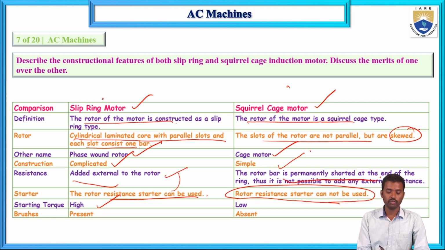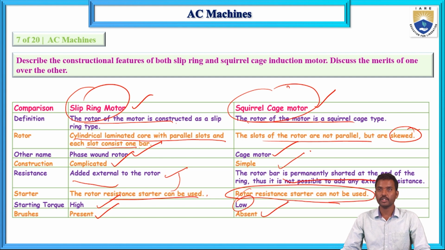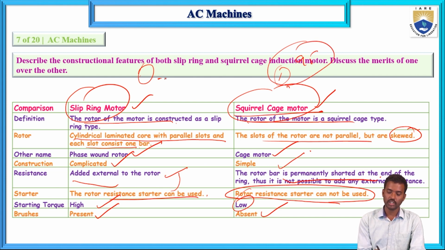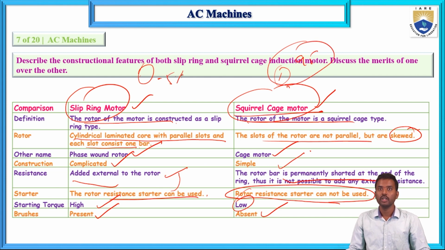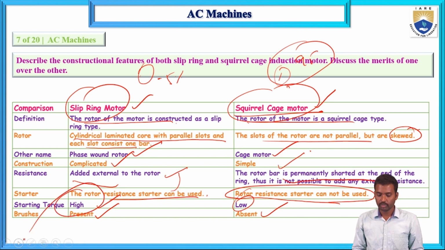For high starting torque we use the slip ring motor, and for low starting torque the cage motor. Brushes are present in the slip ring motor and absent in the cage motor. Slip ring efficiency is lower because of the resistance we introduce, with higher losses, while the cage motor has fewer losses and high efficiency. 95% of induction motors are squirrel cage and 5% are slip ring, used only for high starting torque purposes.